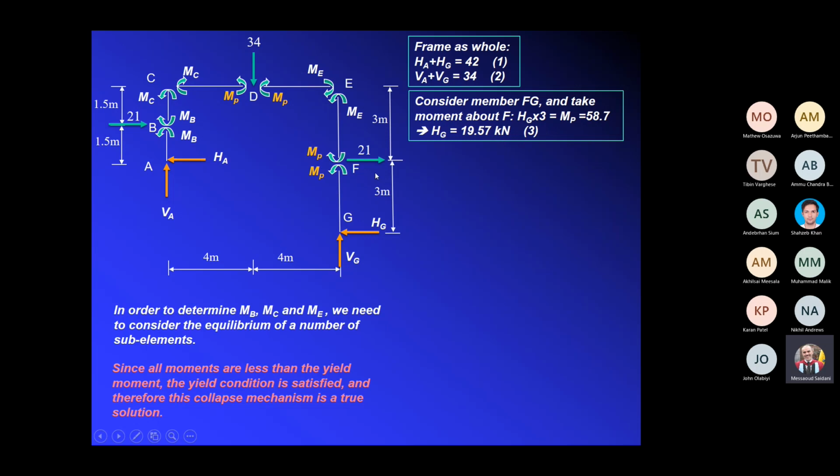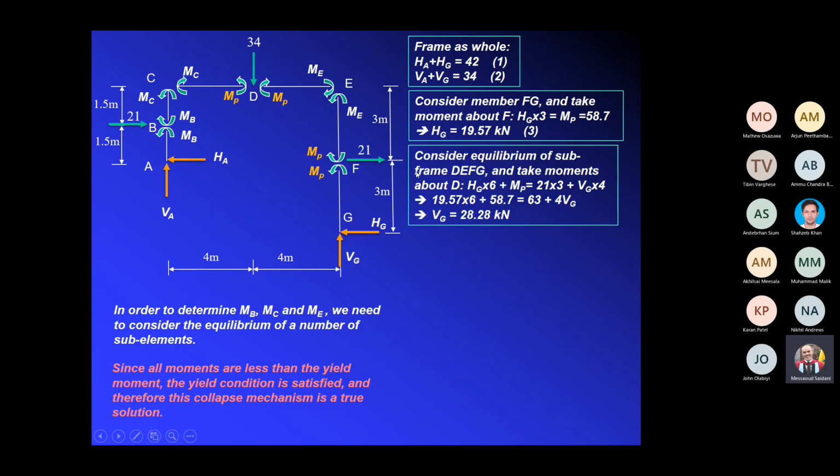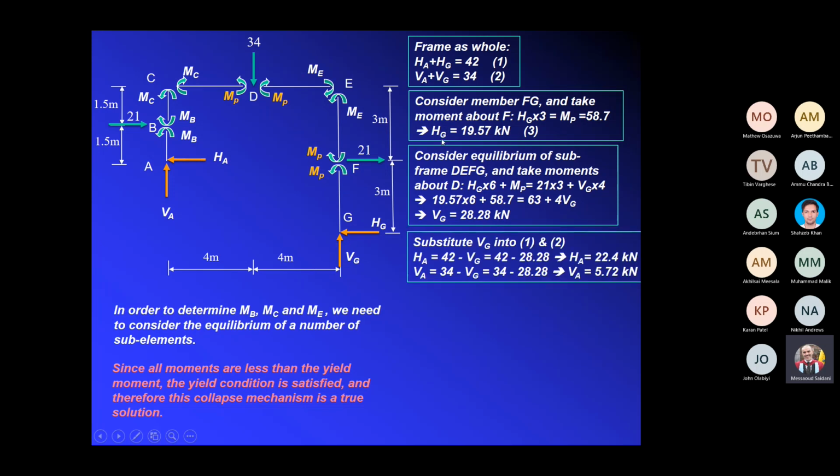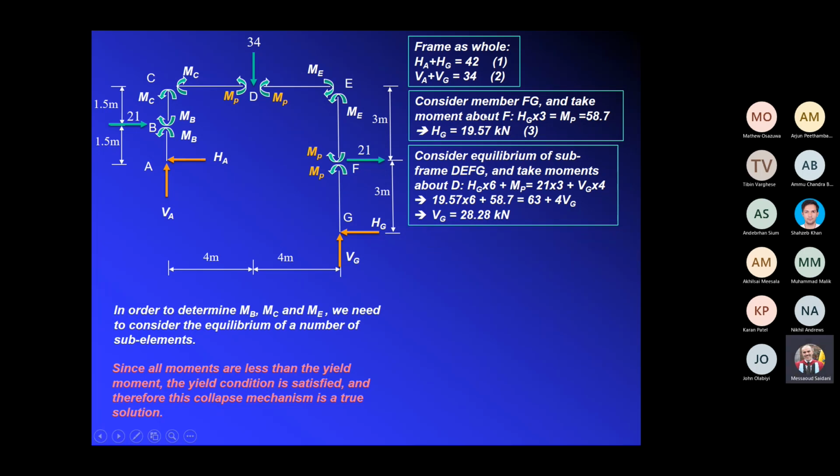Then what I did, once I've got HG, I have moved to the equilibrium of subframe DEFG. So I've taken a cut there. Can you see? And the reason, again, I've taken a cut at D is because I know the moment at D is MP. We know it. So if I take a cut at D and I consider the equilibrium of this subframe, straight away I can determine VG, because HG we already know it.